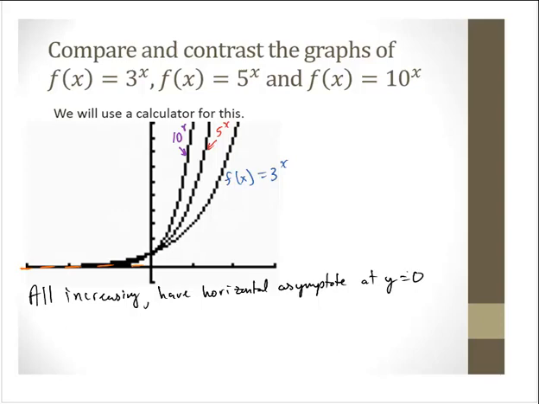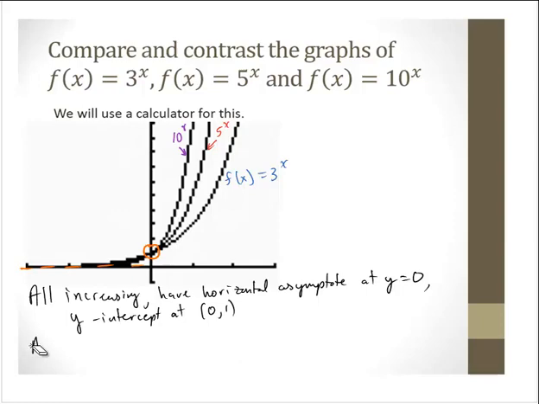They all appear to have the same y-intercept at 0, 1. And they have the same basic shape. Now, let's contrast them. How are they different?